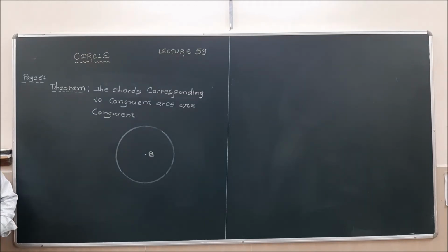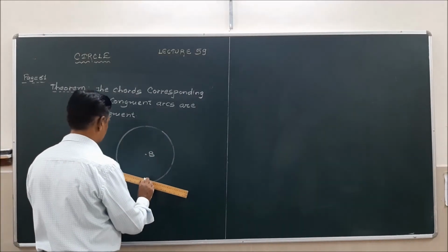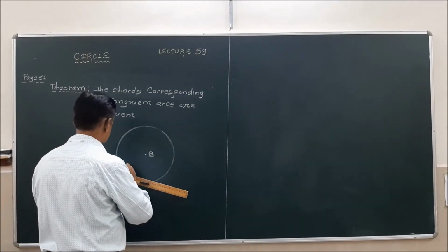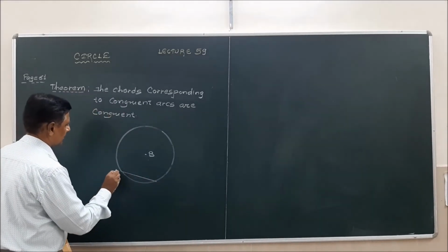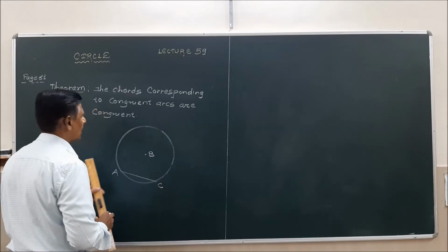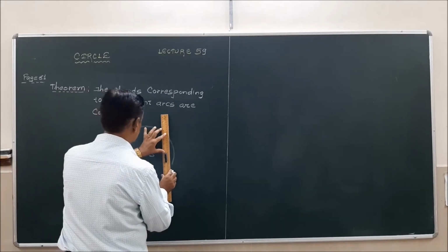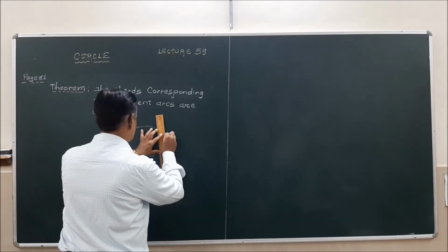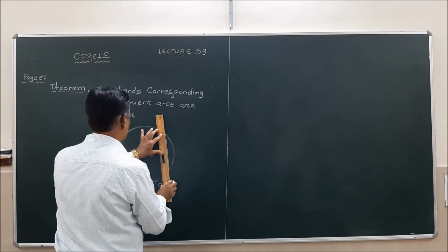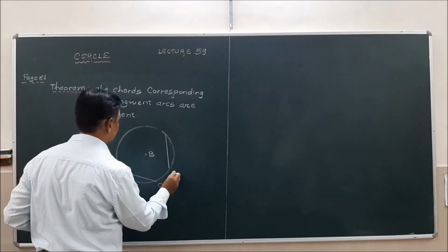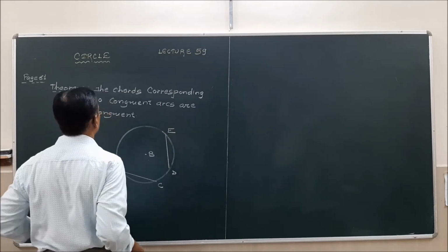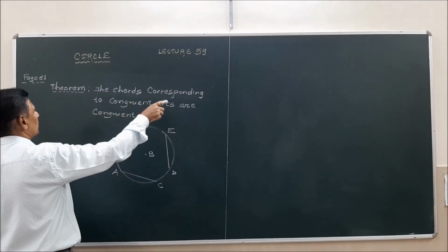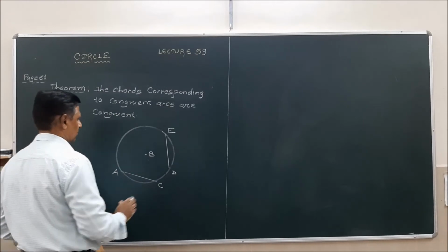AC and DE are two chords. AC and DE are two chords corresponding to the congruent arcs.